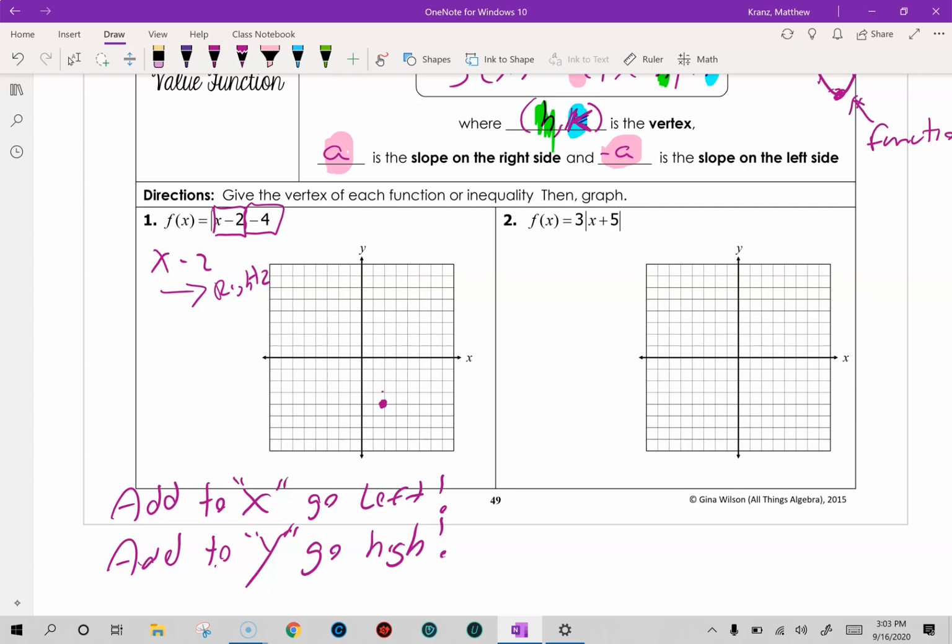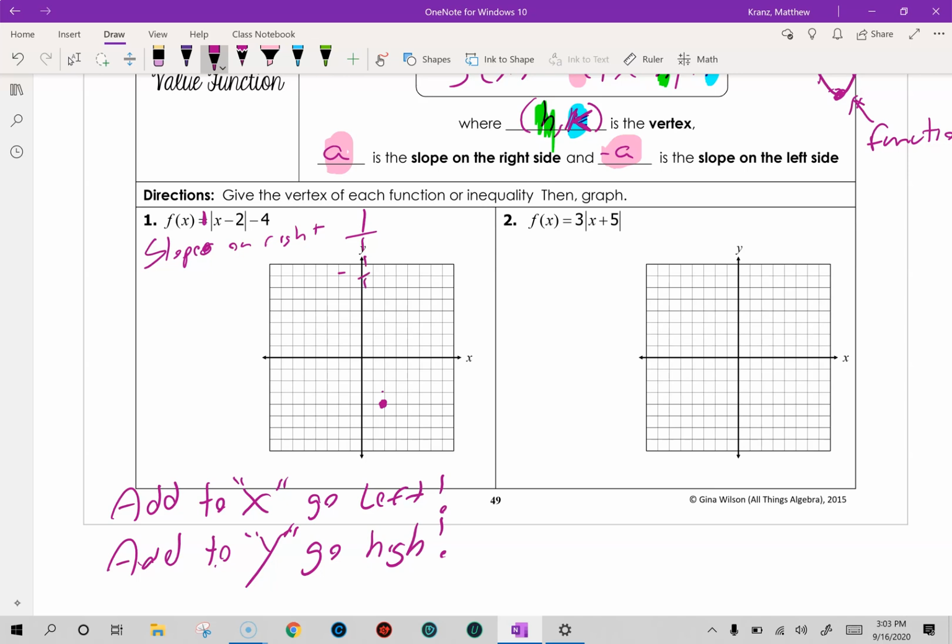Now, how do we figure out what the rest of our absolute value function looks like without going crazy here? Well, you notice there is nothing in front of the absolute value. So it's an invisible 1. That means the slope on the right side is just 1 over 1. The slope on the left side would be negative 1 over 1.